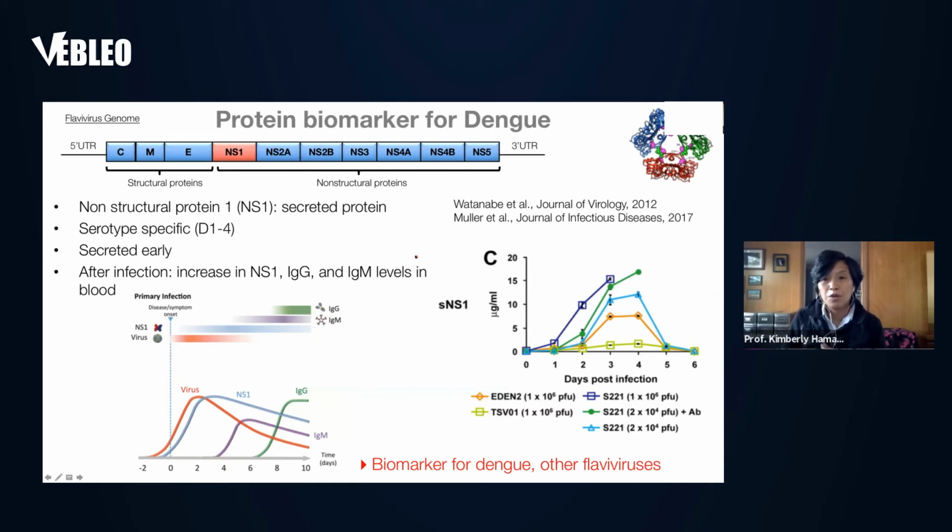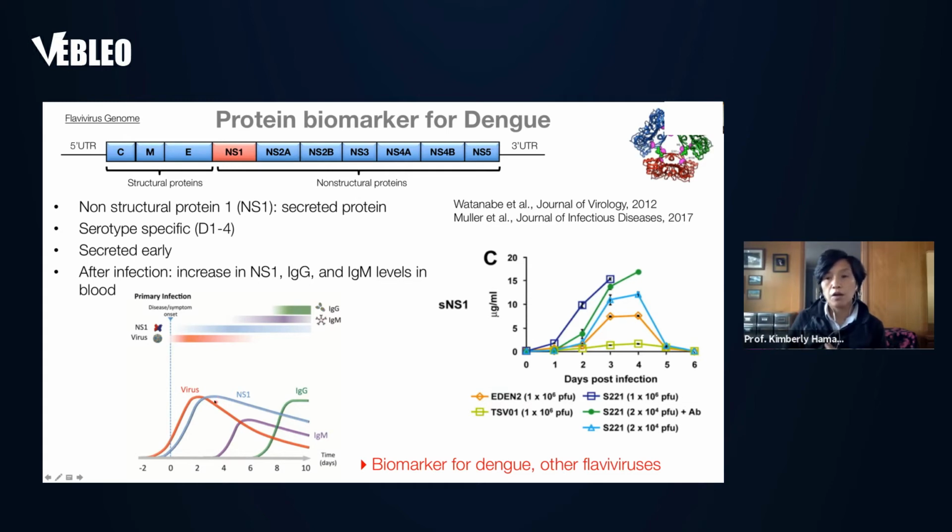How do we decide what antibodies and what biomarker to go after? So for every disease, we have to pick a biomarker. And if we are thinking about flaviviruses like dengue, okay, there is this biomarker, which is called non-structural protein 1, which is very convenient. And it's known that this biomarker is secreted at very high concentrations early on in infection. So if you're infected with a virus, very soon after that, your body starts to produce this protein NS1.